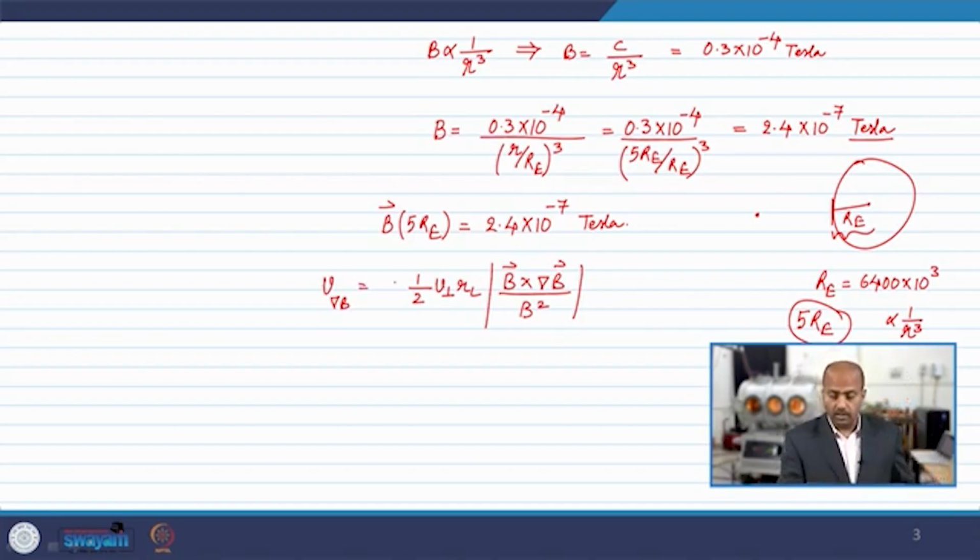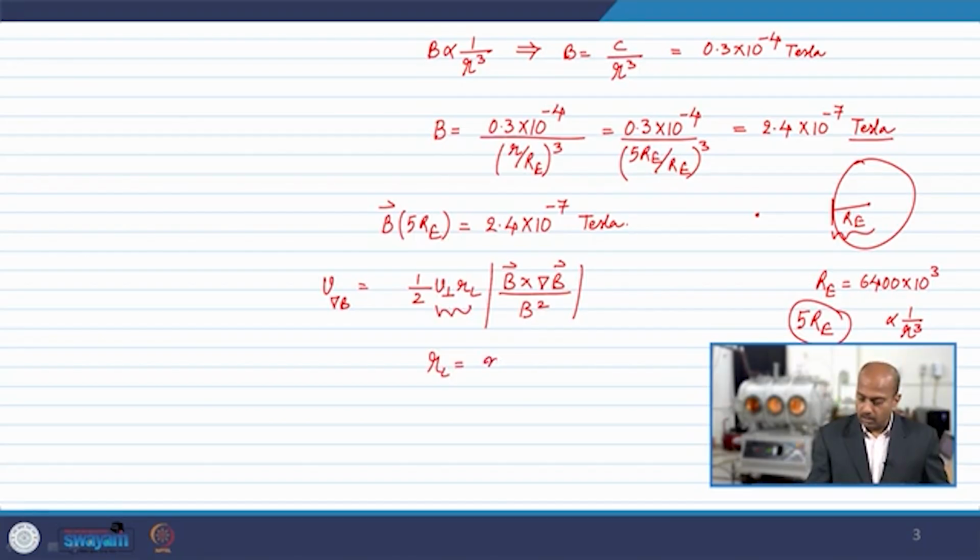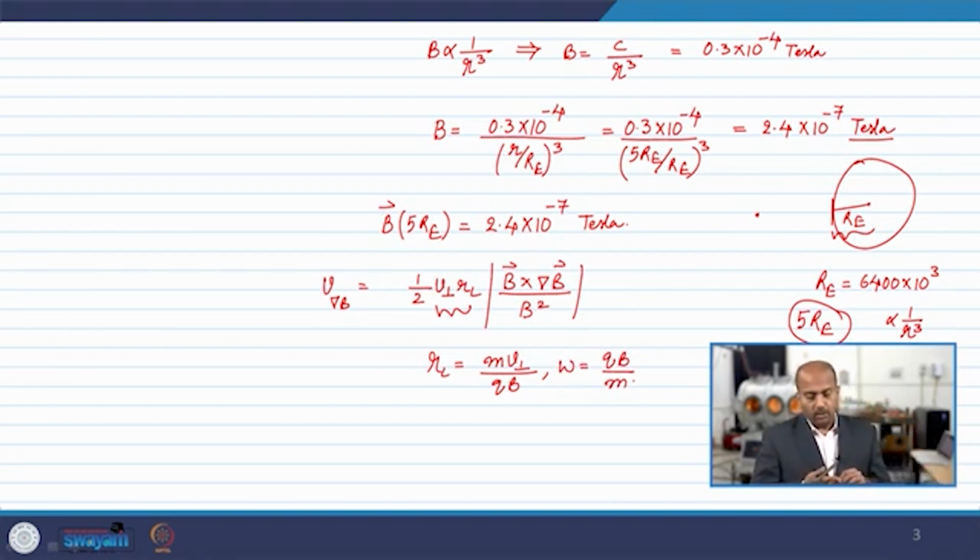Charge is there in this. We can write RL as m V perpendicular by QB, omega as QB by m, right. So, in RL the charge is there.